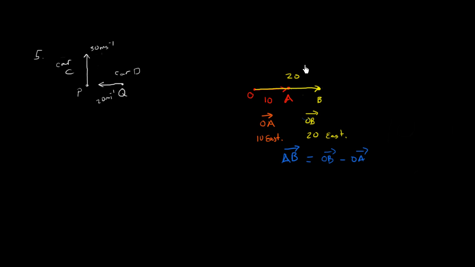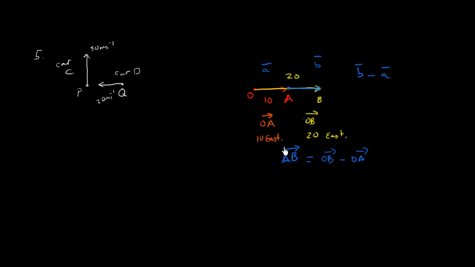Or another way of looking at it is if vector to B was just called B, and vector from O to A was called A, then the vector that takes you from A to B, from this one to this one, is the subtraction of B minus A. That would be the difference between these two, and it would take you from here to your final destination.